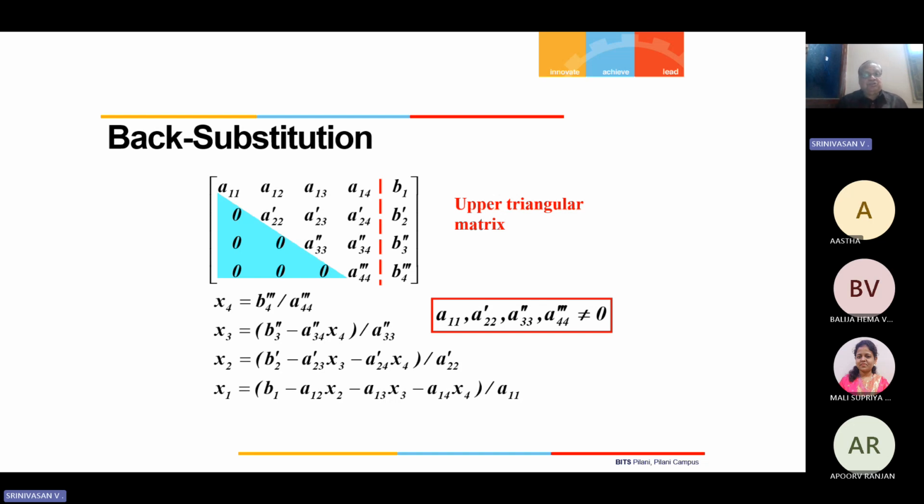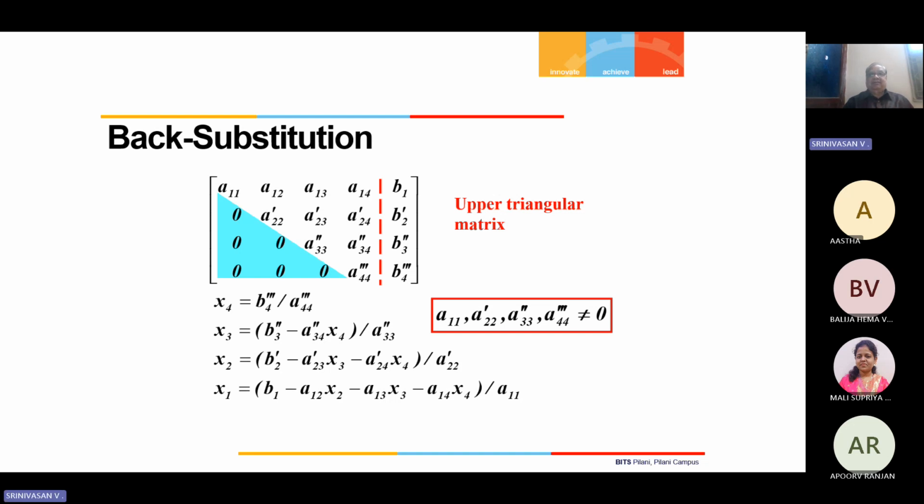So now what is back substitution? Elimination is done, that is Gauss elimination. As I already mentioned, A44 triple dash into X4 equals B4 triple dash. A33 double dash into X3 plus A34 double dash into X4 equals B3 double dash, and so on. So this is what we mean by back substitution. What is X4? It is B4 triple dash divided by A44 triple dash, straight.